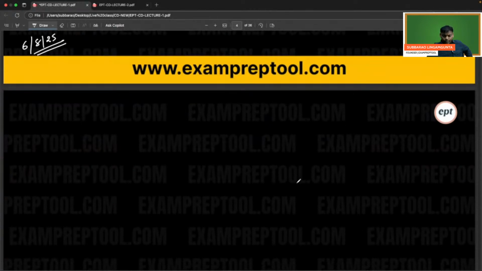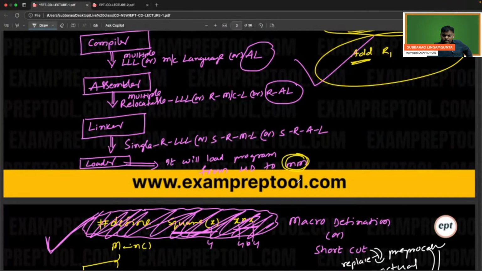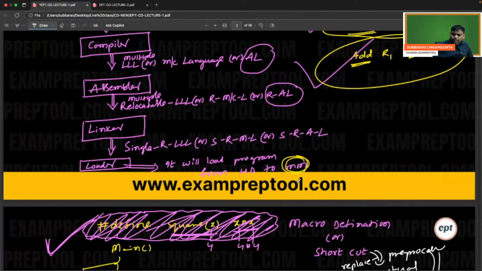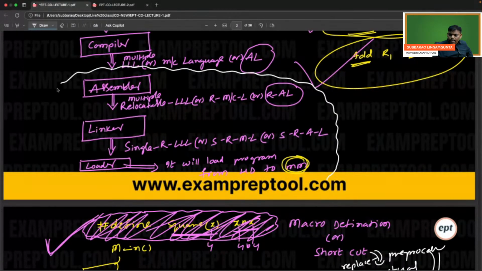6/8/25. And one more thing I want to say to you. I forgot yesterday. Can you see this one? Careful, everyone. Assembler, linker, loader. If you count the linker and loader as two separate things, the total is 3.